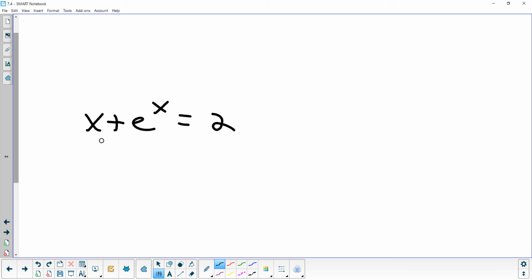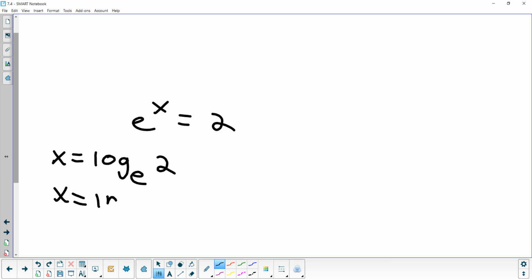If this x wasn't here, that would be easy as well, because I only have one variable, and now you could think of this and rewrite it in log form. Log, e is the base, the logarithm always equals the exponent, and the argument is what was by itself.